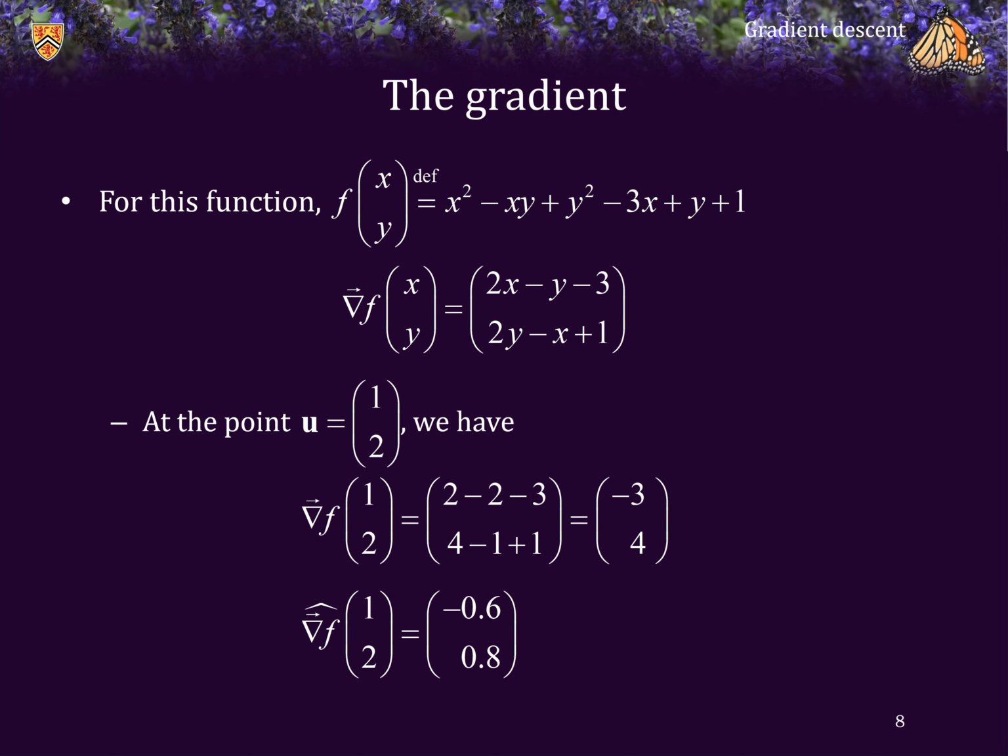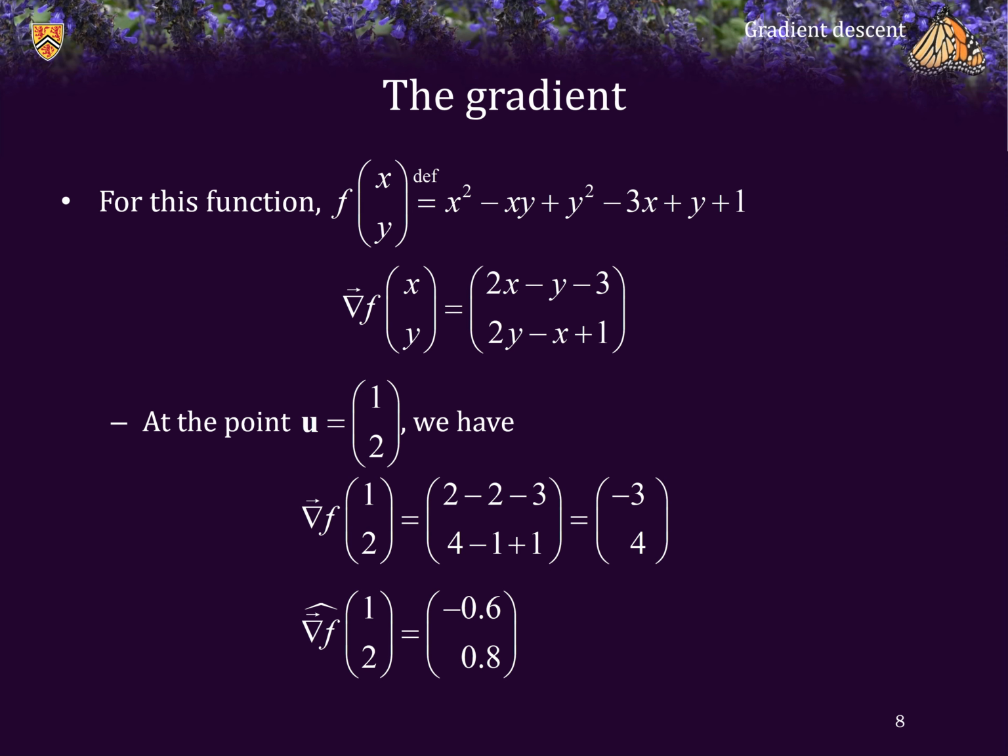We can also therefore calculate the normalized gradient vector, and that would give us a vector in the direction of maximum increase that is also a unit vector. So in this case, the normalized gradient at the point (1, 2) is (-0.6, 0.8).